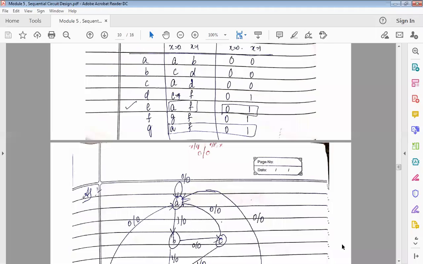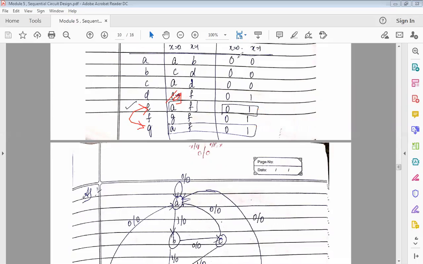As I was mentioning, the first thing that we are going to do is see for similarities. That is number one. Since I've seen that, I'm going to say my E is equal to G. So here instead of E, I will replace it with G. With this first step, I was able to do this.